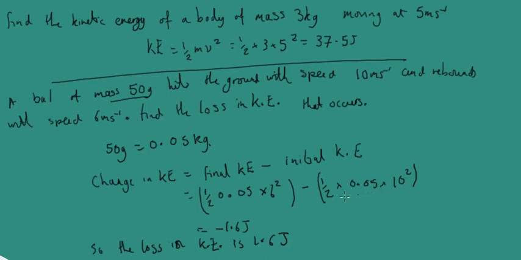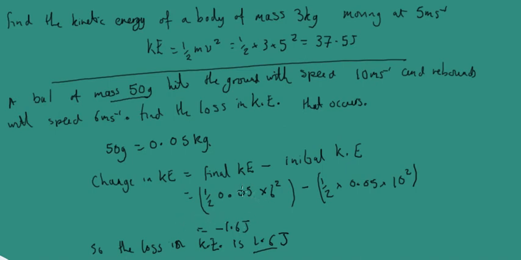So remember that although the velocity changes direction, kinetic energy is a scalar, so we don't need to worry about the direction of the velocity in this. So 1.6 joules of energy are lost.